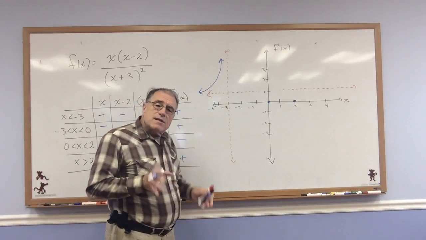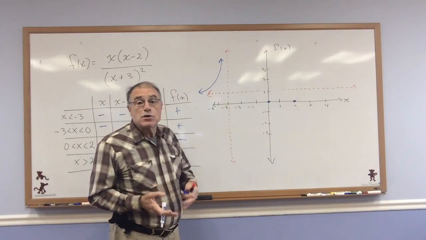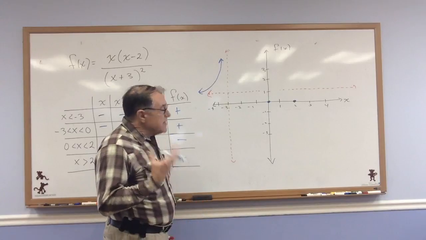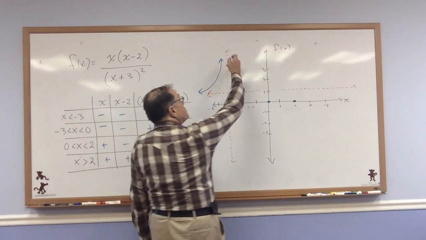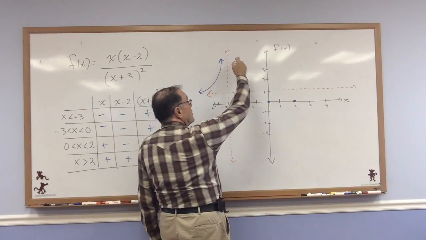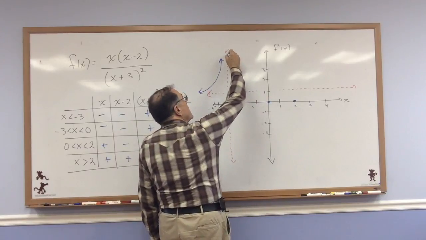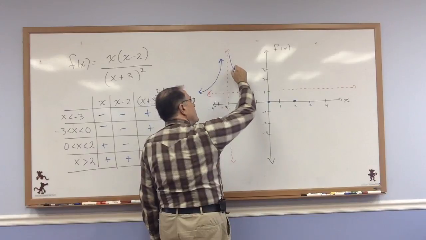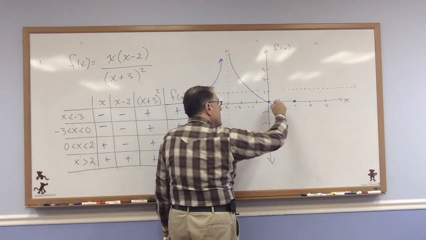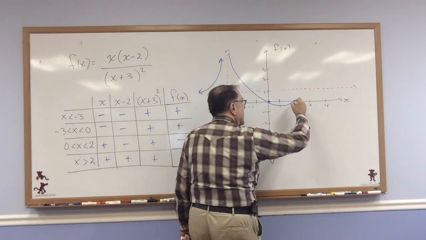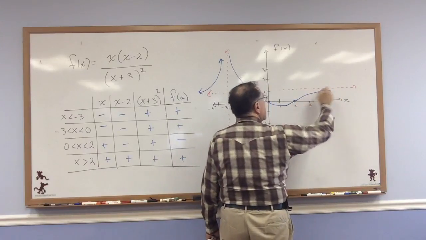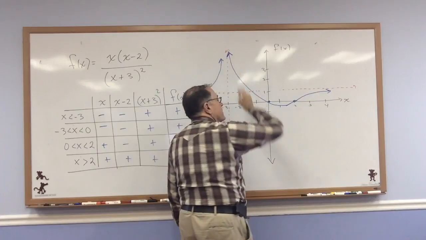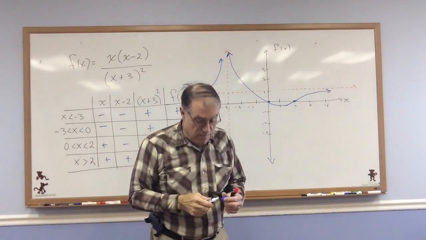So I picked this rational function for my example because of its interesting behavior close to 0. You see, this function has to approach this vertical asymptote. It's got to go here. So this function's got to be coming down like so, hitting a low, coming back up, and then it's approaching this horizontal asymptote. So here's a sketch of this rational function.